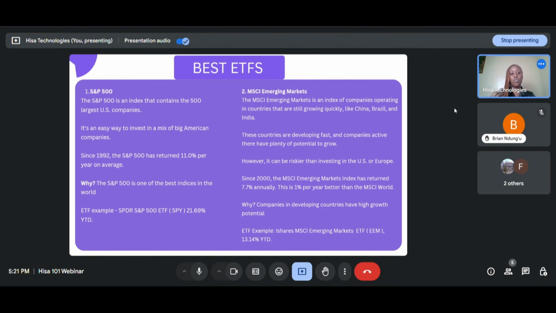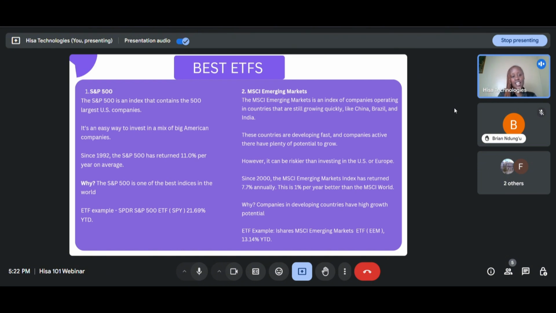So why should you consider looking at the MSCI Emerging Markets Index? Well, the companies in developing countries have high growth potential. Okay? An example of an ETF under this index is the iShares MSCI Emerging Markets ETF. And the ticker symbol, that small code that you can use to search for it on the app instead of typing out that whole name, is EEM.